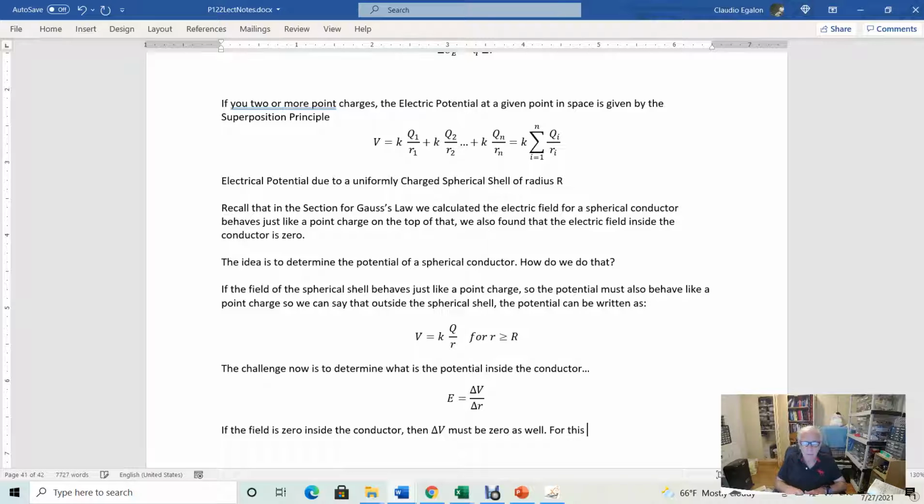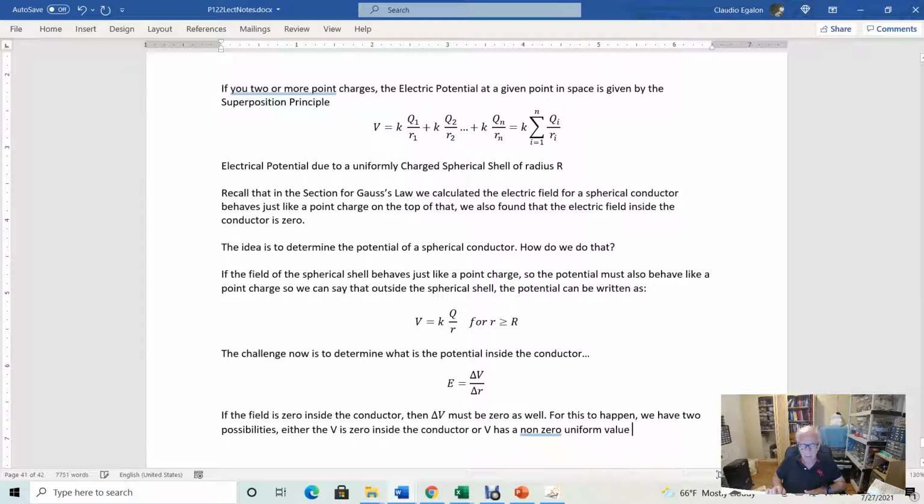For this to happen, we have two possibilities. Either the V is zero inside the conductor, or V has the same non-zero uniform value inside the shell.